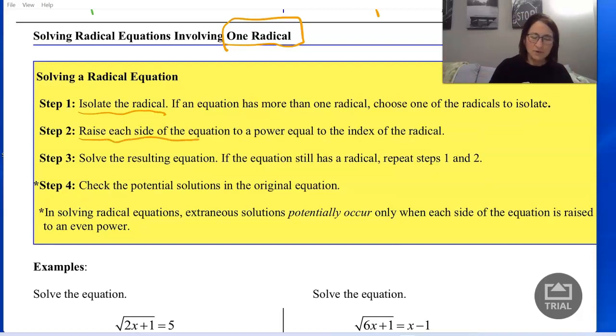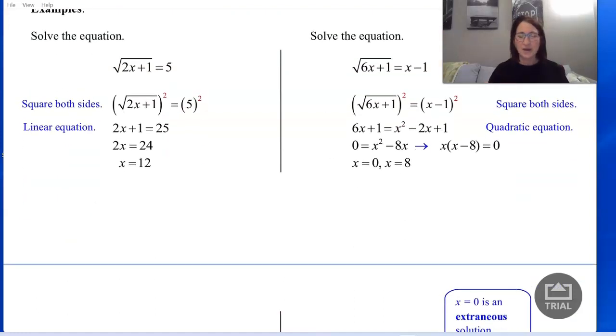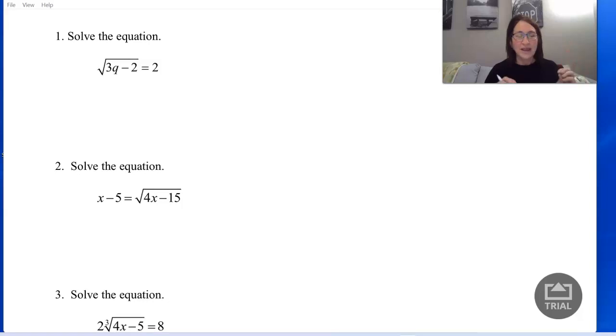That's what we were doing on those examples. Solve the resulting equation, and then check for potential solutions. I'm going to let you look at those examples later. Right now, let's dive into this first problem.